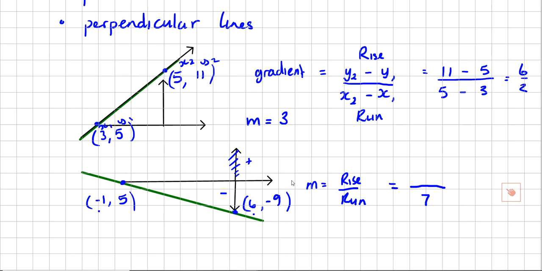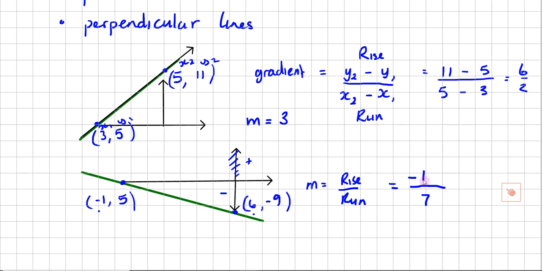Sorry, that ruined your notes. So what would be the drop? It must be negative. So from 5 to -9: I go from 5 to 0, a drop of 5, and then another 9, so 5 and 9 make 14.